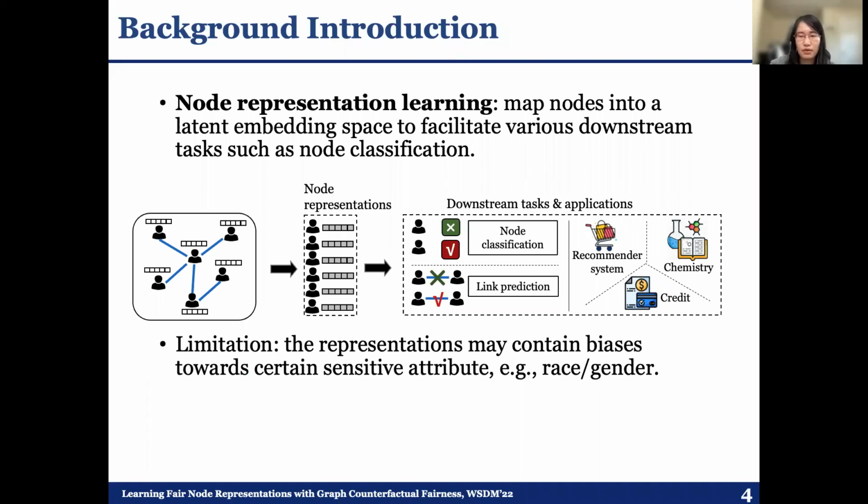However, as the original data may contain many sensitive attributes like race and gender, which we highlight here in red or green, a main limitation of many existing node representation learning methods is that the representations may contain biases towards certain sensitive attributes. And these biases in the representations would also bring biases in the downstream tasks.